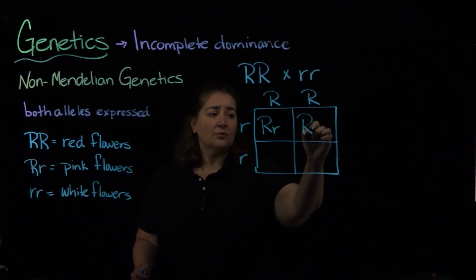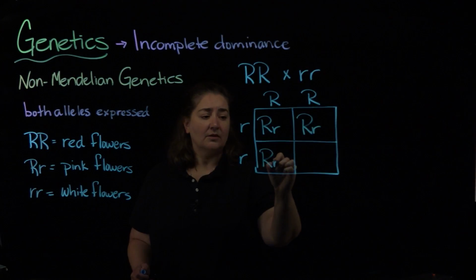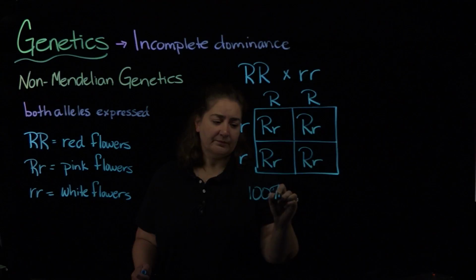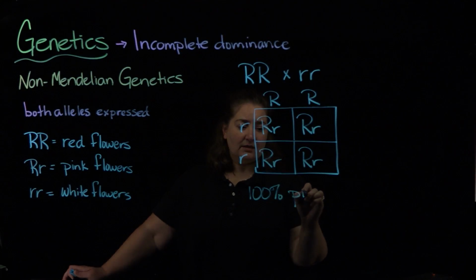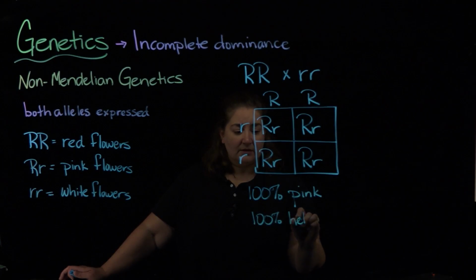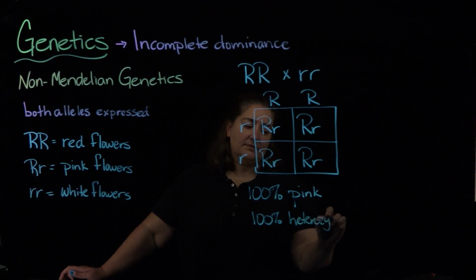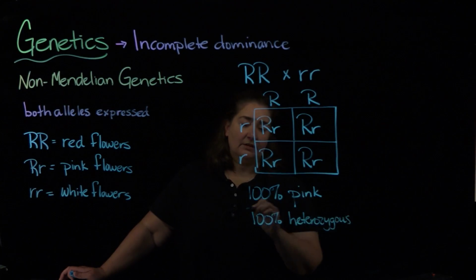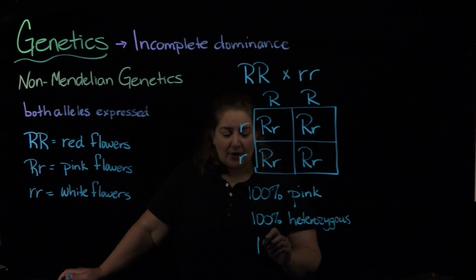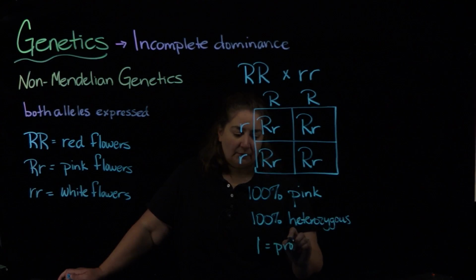So with our Punnett square, we are going to have 100% pink flowers. 100% are going to be heterozygous. When we're talking about probabilities, this would be a probability of 1, which means it's going to happen. It's not really a probability at that point.